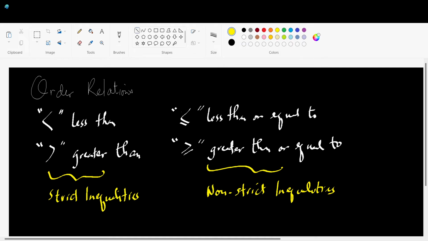On the number line, positive infinity is to the right and negative infinity to the left.